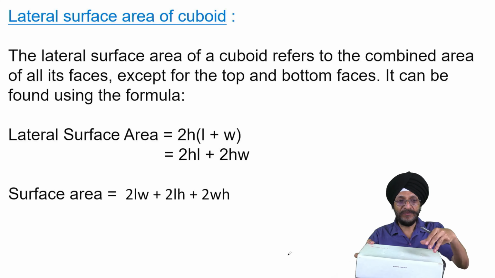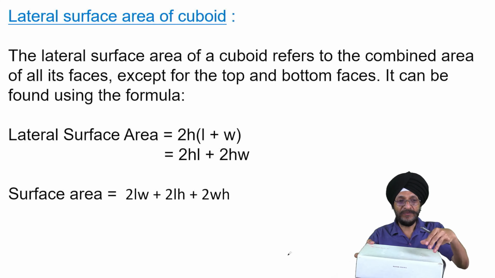Either you can remember the formula given for the lateral surface area: 2H multiplied by L plus W, or you can omit this part from the surface area, that is, this part we will omit, and it will become the lateral surface area. Or you can simply remember this: 2H multiplied by L plus W, and the result will come as lateral surface area of cuboid.